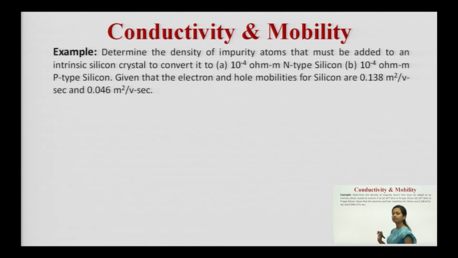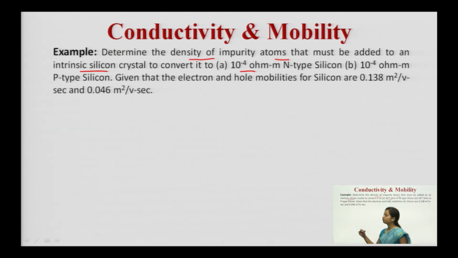See, first you have to read the question very carefully. Determine the density of impurity atoms that must be added to the intrinsic silicon crystal to convert it to 10 raised to the power minus 4 ohm meter N type silicon, and the other is for 10 raised to the power minus 4 ohm meter P type silicon.